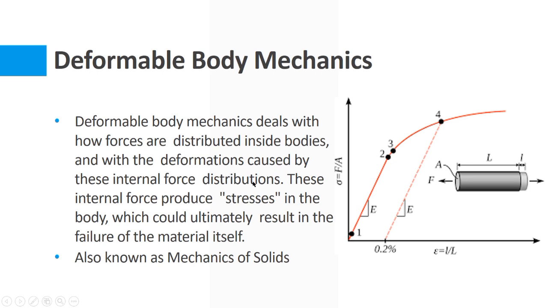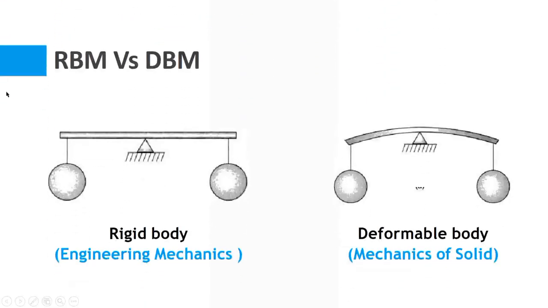In deformable body mechanics, we actually consider the deformation in the system, but in rigid bodies we don't. In rigid body mechanics, we assume that there is no deformation in the system. In deformable body mechanics, we consider all the deformations that occur inside a system, and all the stresses linked with that deformation. And deformable body mechanics is also known as mechanics of solids.